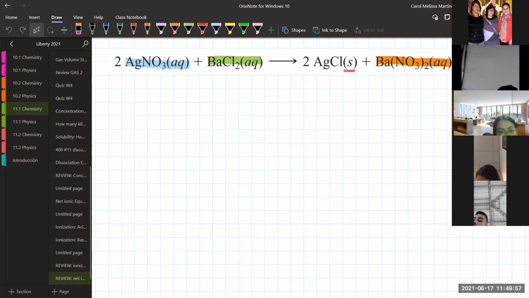In a double replacement reaction, how do we call the compound that becomes solid after the reaction takes place? How do we call the compound that turns solid after the reaction takes place?